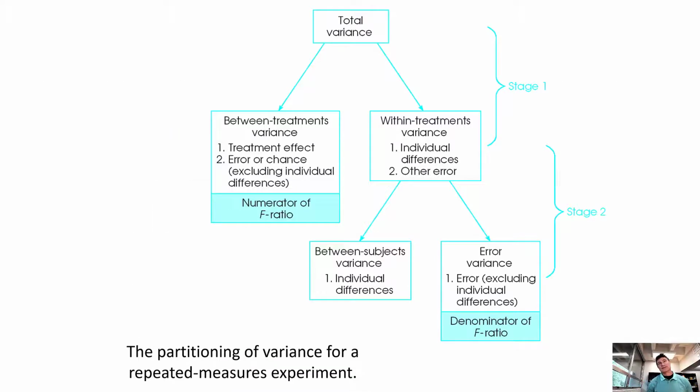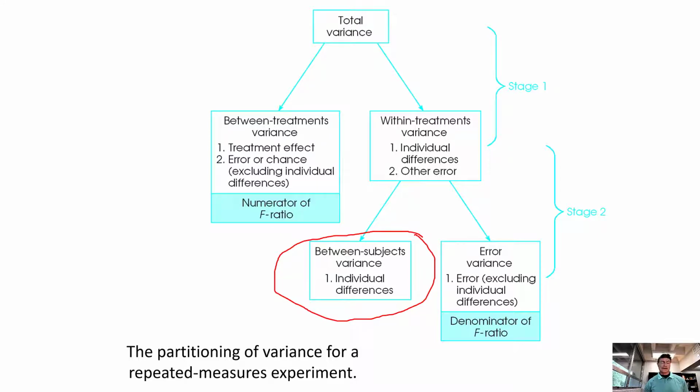Without going into the details of calculations, if you remember, the ANOVA had an F ratio. We had the numerator of that F ratio, which will be pretty much the same in repeated measures ANOVA, and then we had the denominator. In the denominator, we throw away, we don't use, the error associated with individual differences.